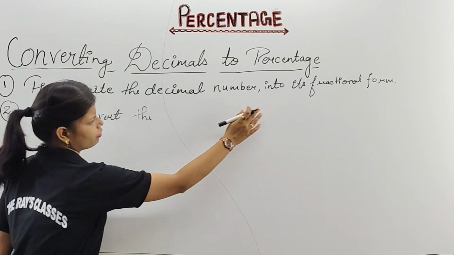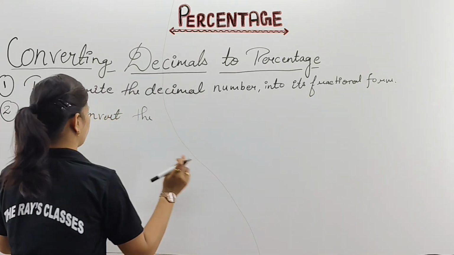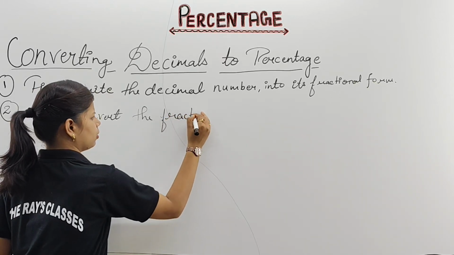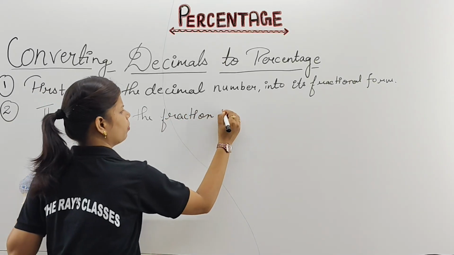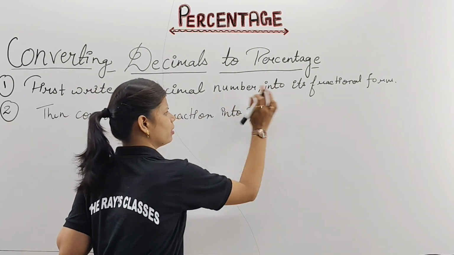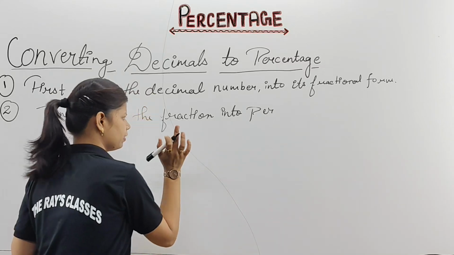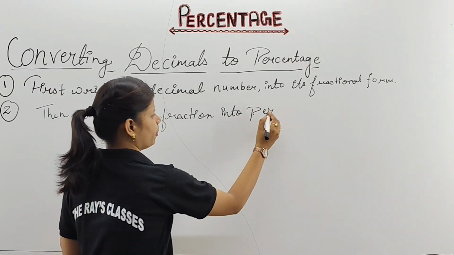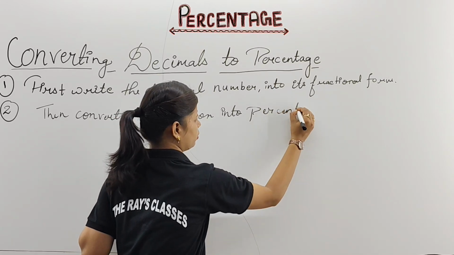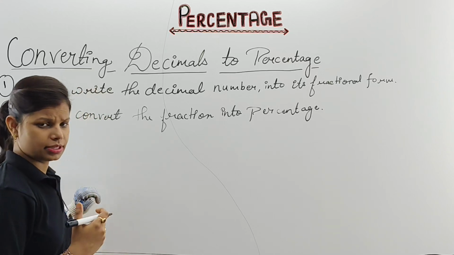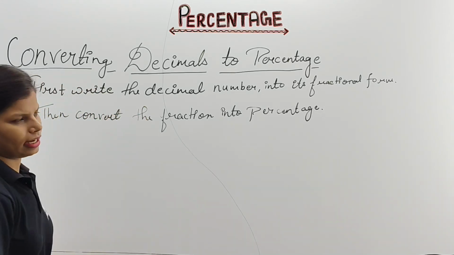Now here we are getting which form? Fractional form. Then what we have to do? Then convert the fraction into which form? Percentage. First of all, the decimal will be converted into fractional form and then the fractional form will be converted into percentage. Understood, no? Yeah, please note it down. This writing part is not important, but anyhow to go with the proper sequence, we have to understand.